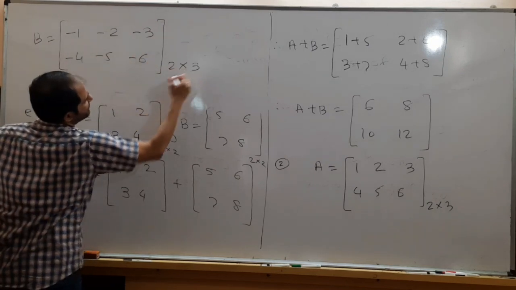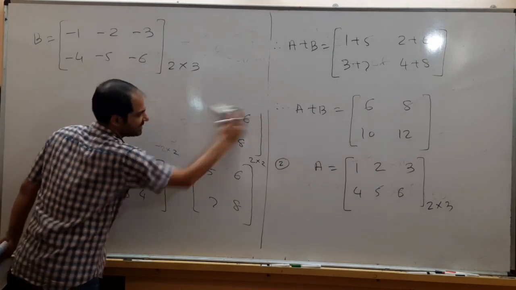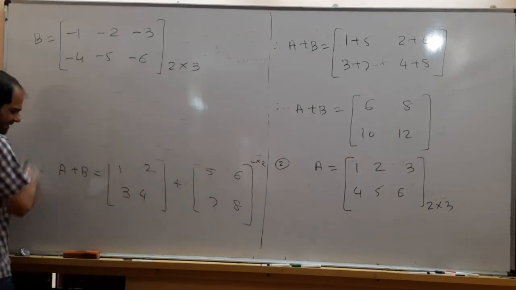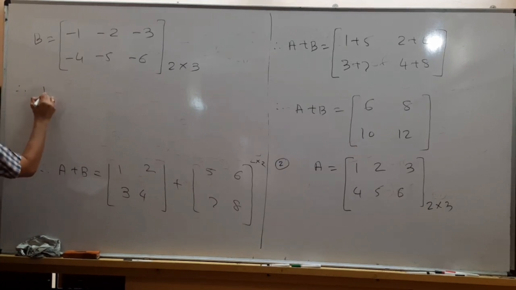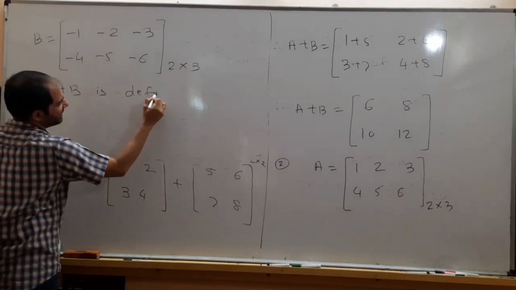So 2 cross 3. So A plus B is defined. A is 2 cross 3, B is 2 cross 3. So A plus B is defined.